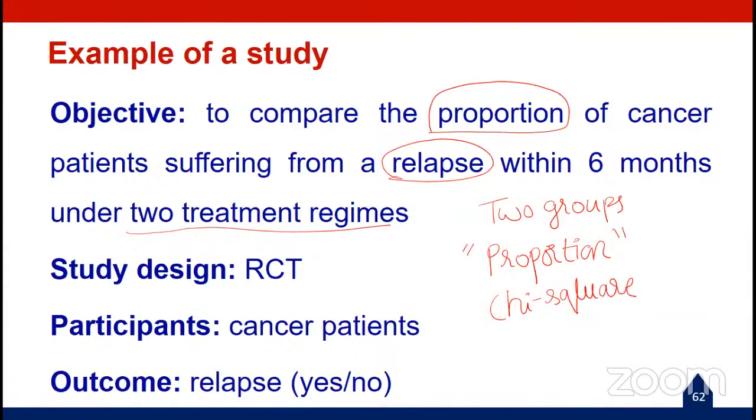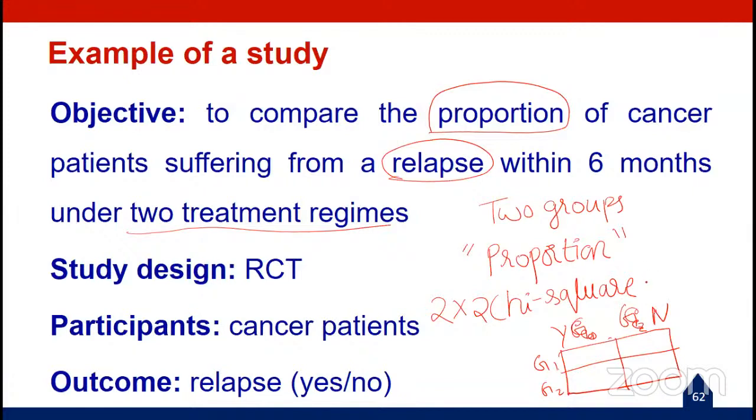Basically, you can say this is the sample size formula for a 2 by 2 chi-square, which involves a 2 by 2 table. Here we have two groups, group 1 and group 2, and relapse yes or no. We will be making a 2 by 2 table.